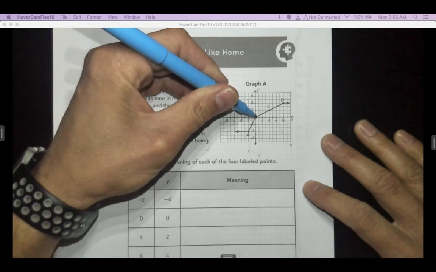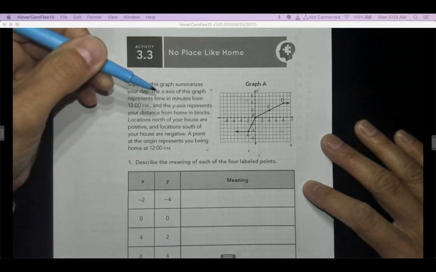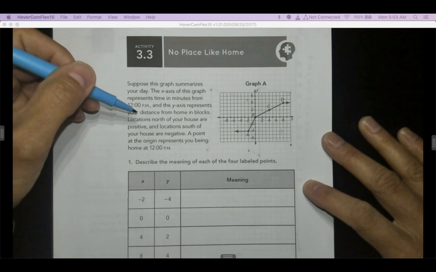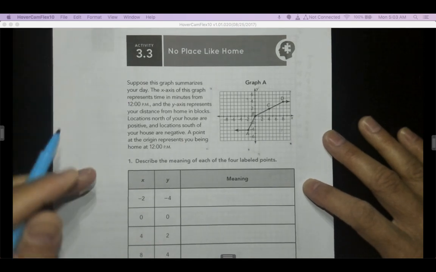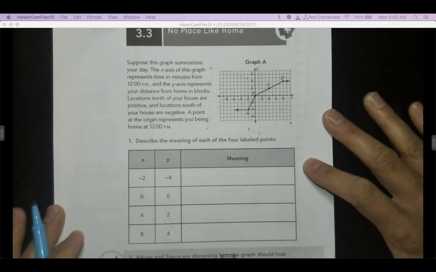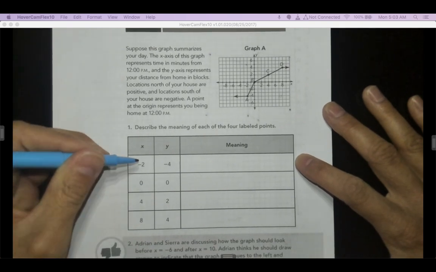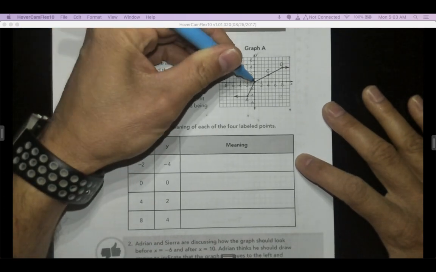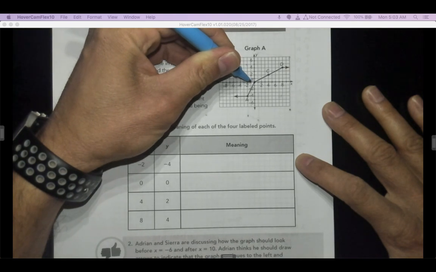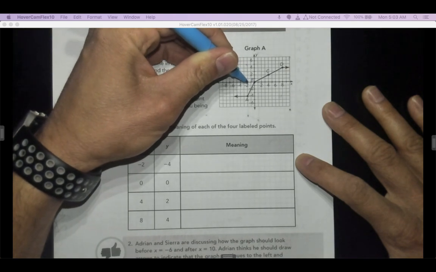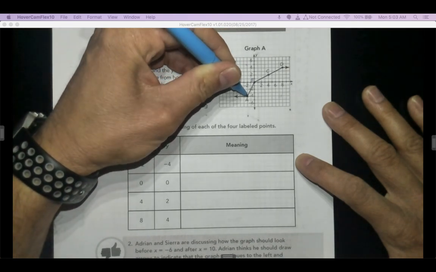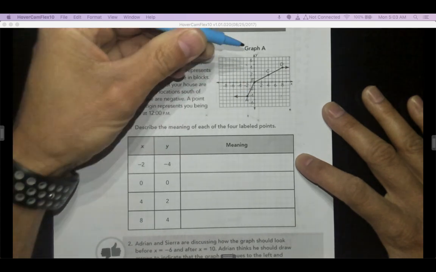Okay, so you're home at 12 p.m. right there. Okay, describe the meaning of each of the four labeled points. So the first one we have is -2, -4. So I start at the origin, -2, -4 is this point right here.